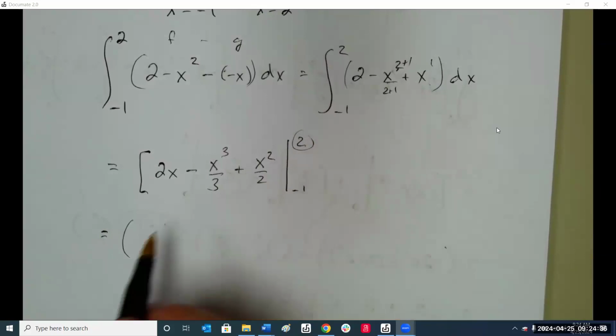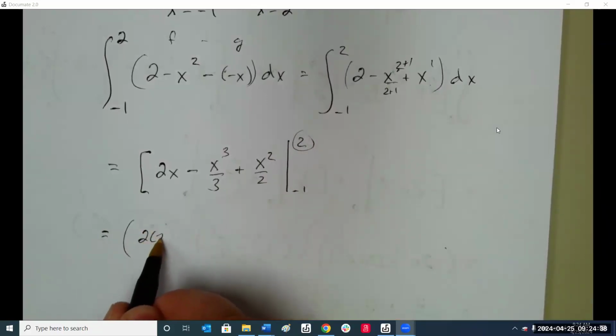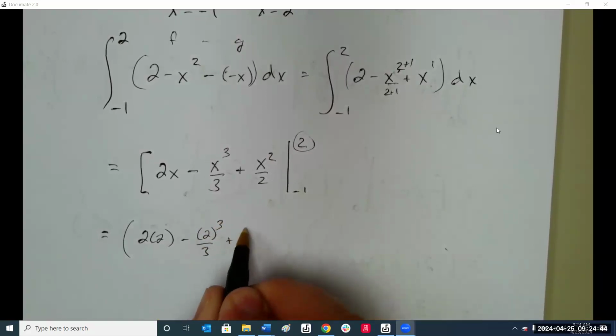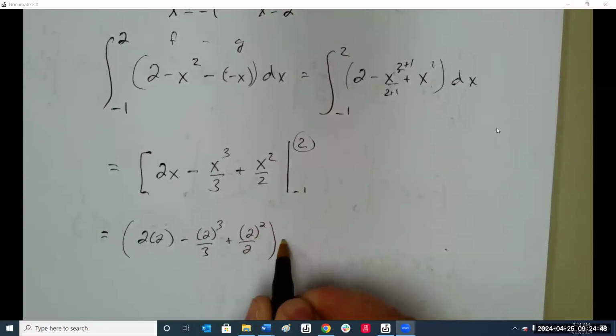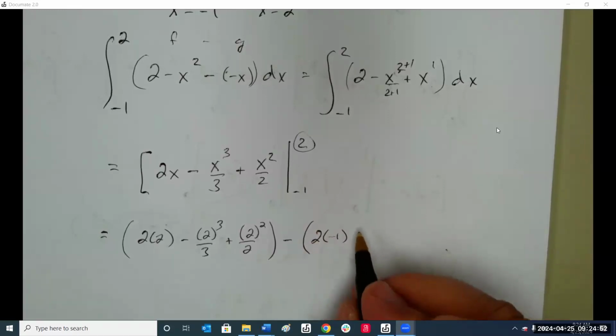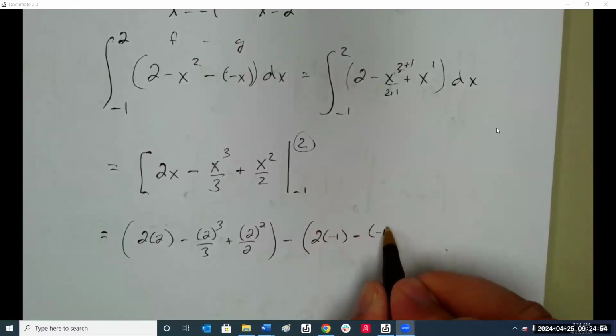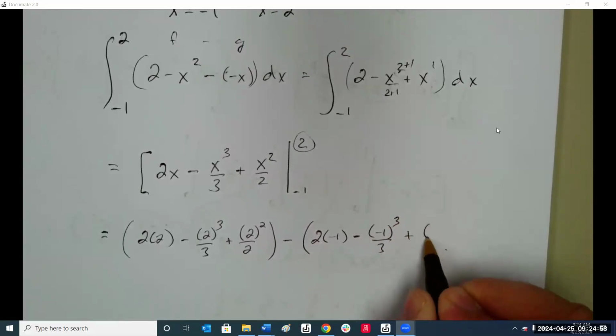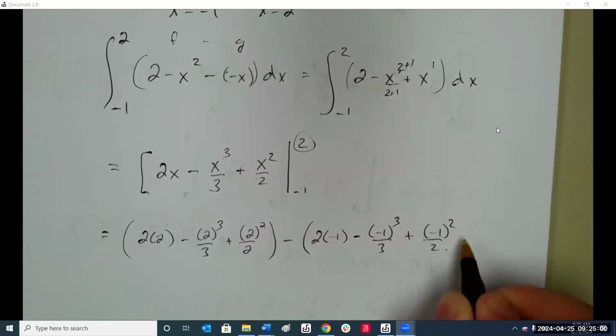So now putting 2 in its place. So we have 2 times 2 minus 2 cubed over 3 minus 2 squared over 2, minus 2 times negative 1, minus negative 1 cubed over 3, minus negative 1 squared over 2.